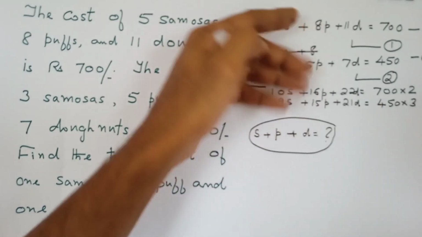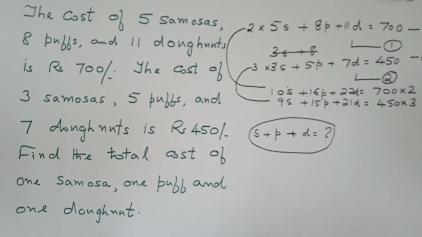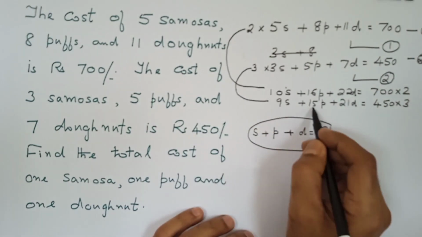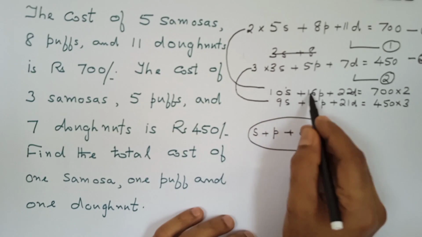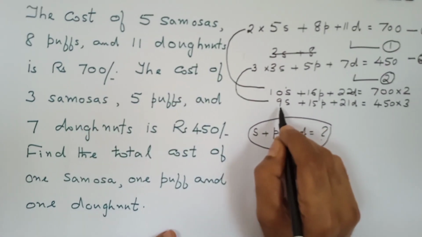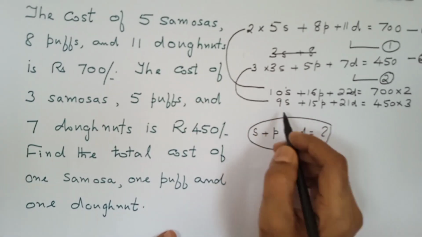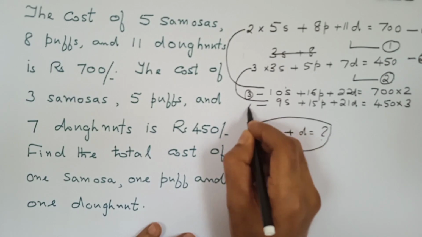Now you have got the same equations put differently in 2 different ways. Now look at the coefficients. Here each one of these coefficients is less than each of the other coefficients by 1. So just subtract this equation from this equation. You may call this equation 3 and this equation 4.